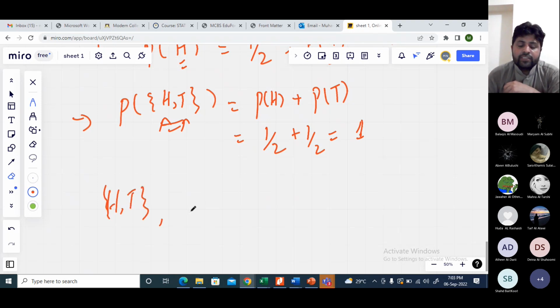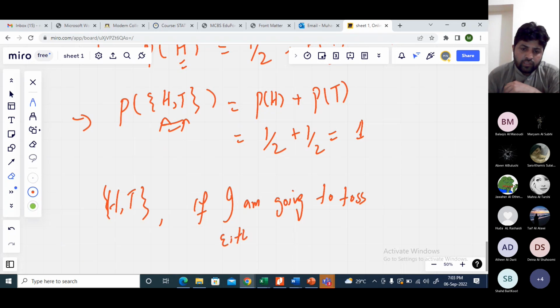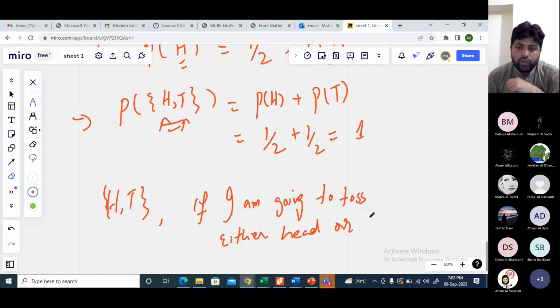The meaning of it is, if I am going to toss, either head or tail will be there.